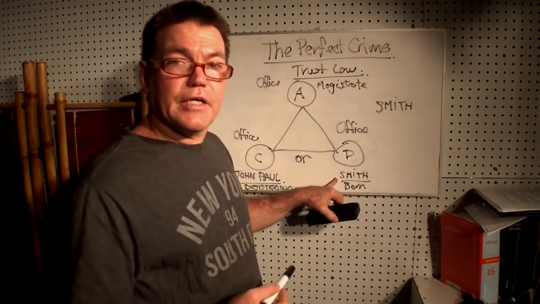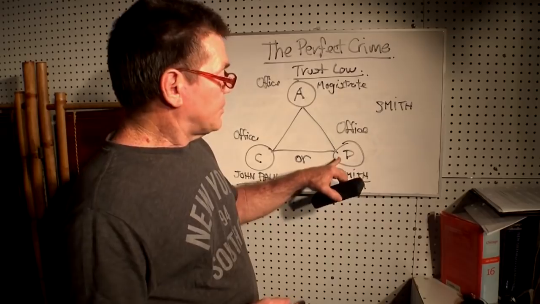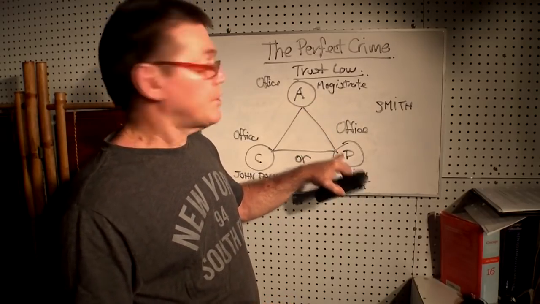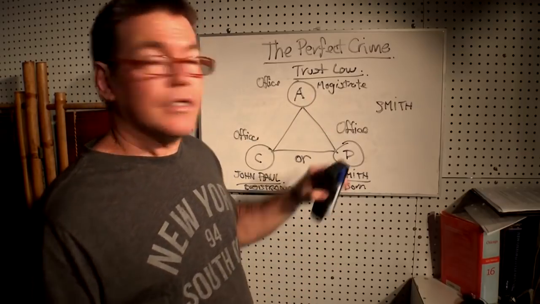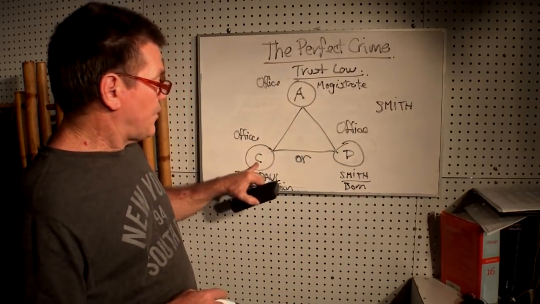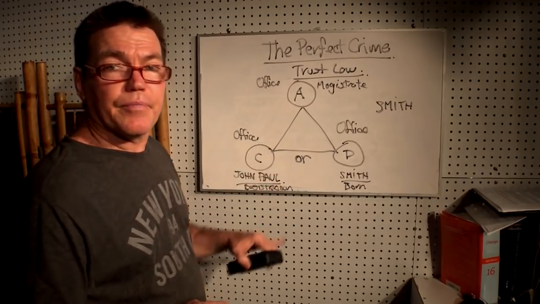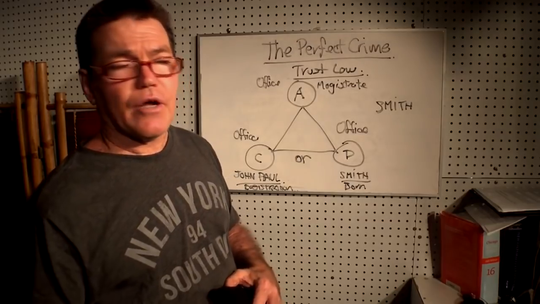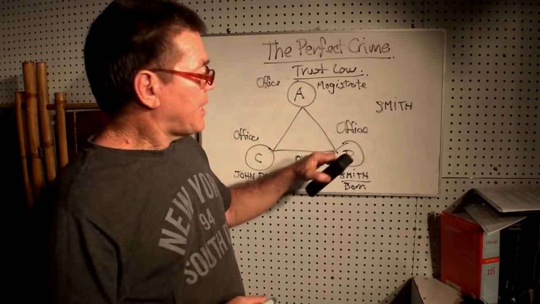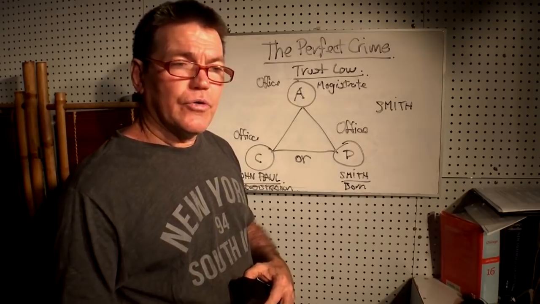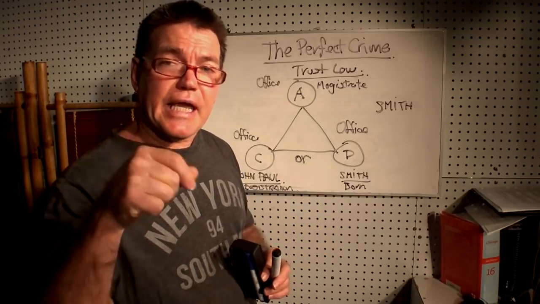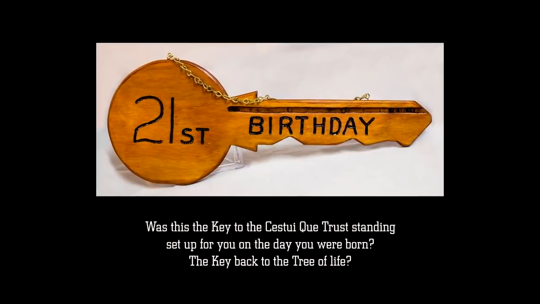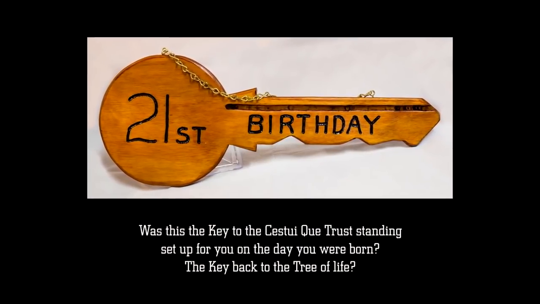But you're born into the ship of the debtors, because while you're a debtor, the administrator will look after your trust to make sure that you don't destroy the equity of the creditor. But on the age of 21, which is the age of majority for a man, I think it's 18 for a woman, you have a big party and you get the key to life. And a lot of people get this key, but a lot of people don't understand what the key's all about.